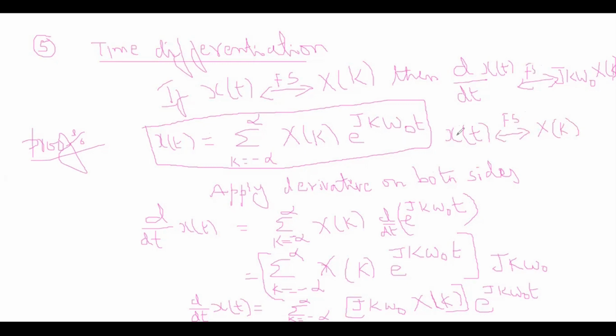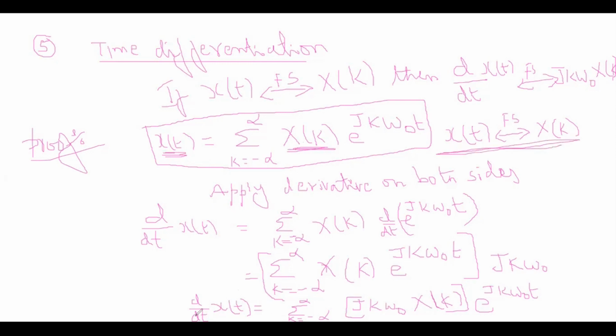This equation says that x of t has Fourier series x of k. Here, instead of x of t, we have the d by dt of x of t, and instead of x of k, that is j k omega naught x of k into e power j k omega naught t. So there is a Fourier series relation between x of t and x of k.